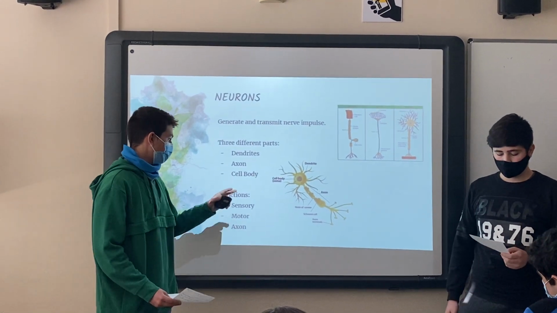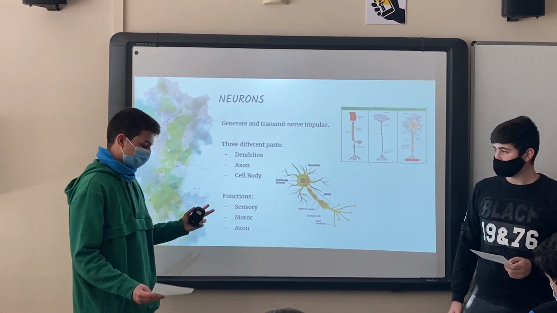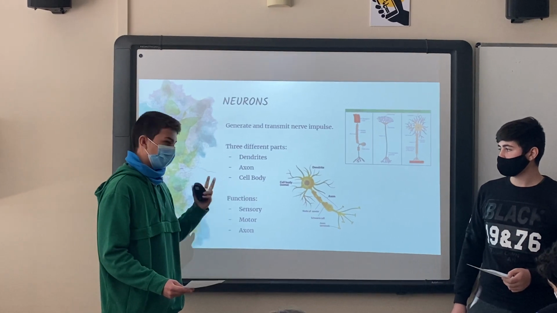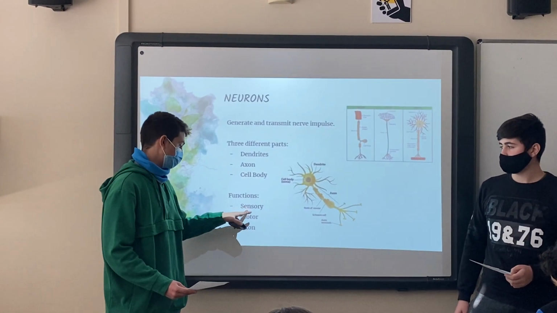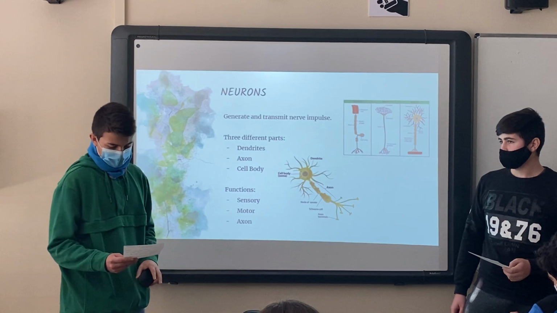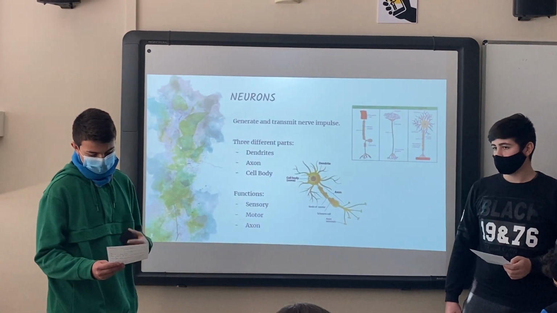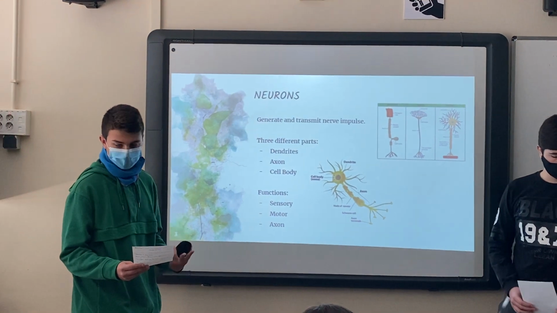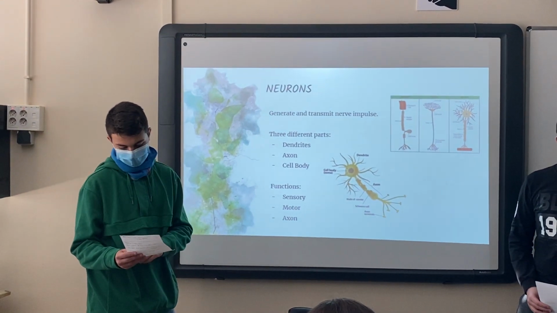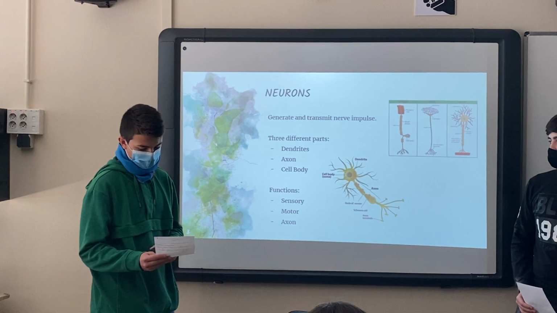And finally, the neurons are classified into three functions: the sensory, the motor, and the relay. The sensory neurons send information from the receptor to the CNS, that is the central nervous system.